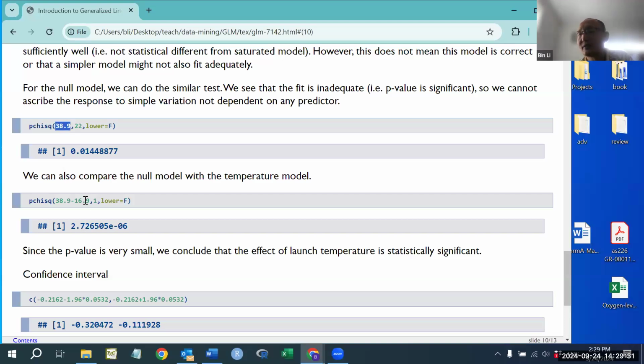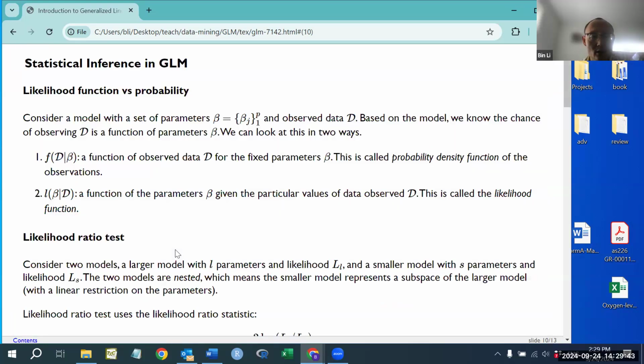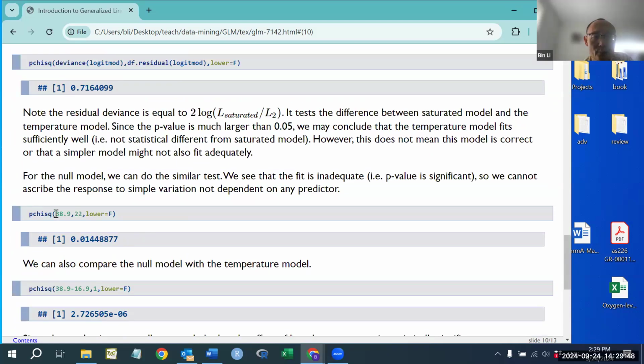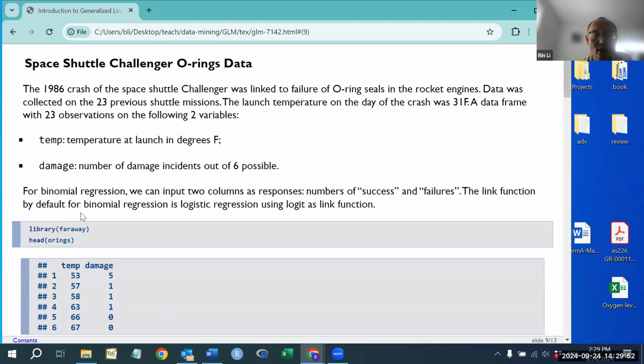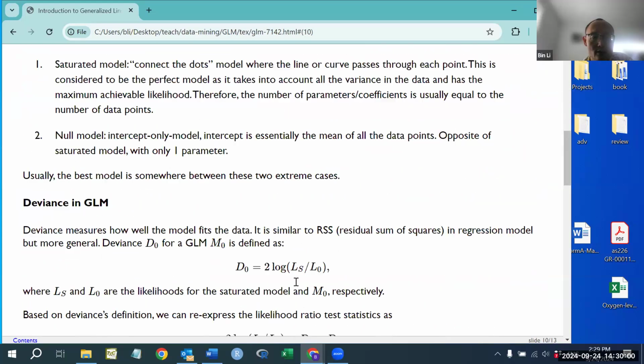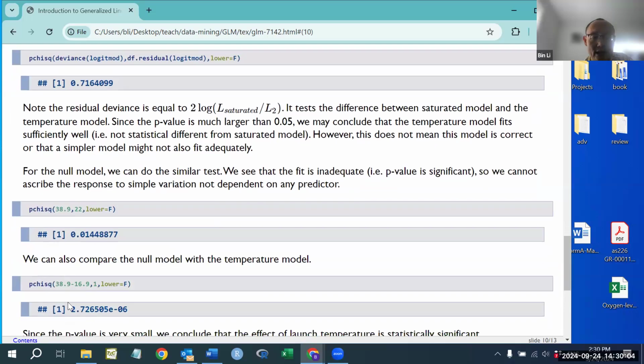This is the null deviance, 38.9. Remember, 38.9, that's the null deviance, and the degrees of freedom is 22. So the degrees of freedom for the null deviance is 22. You see that? Okay, so I run the chi-square test.